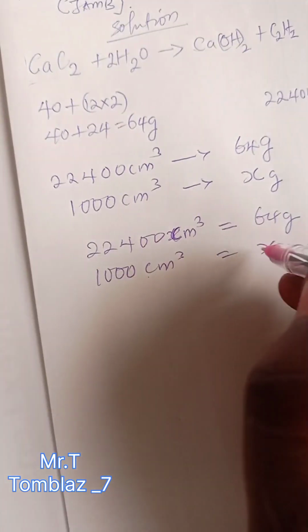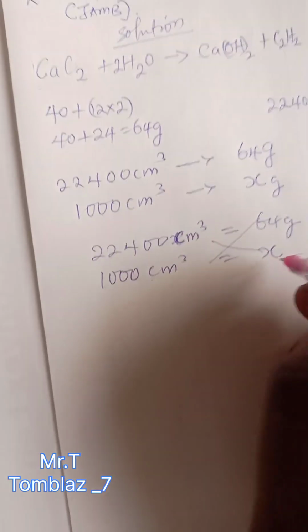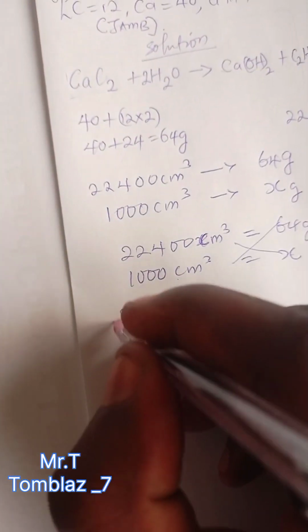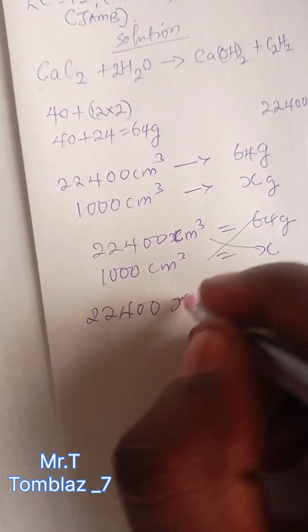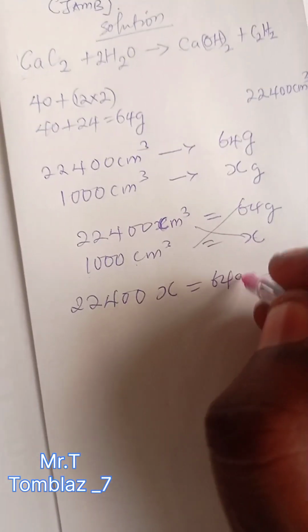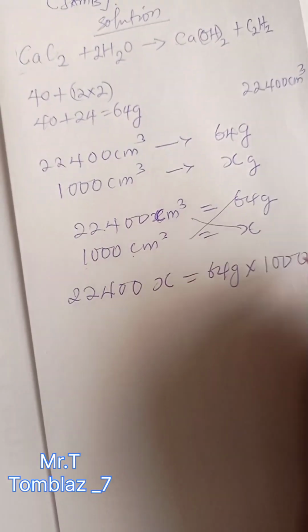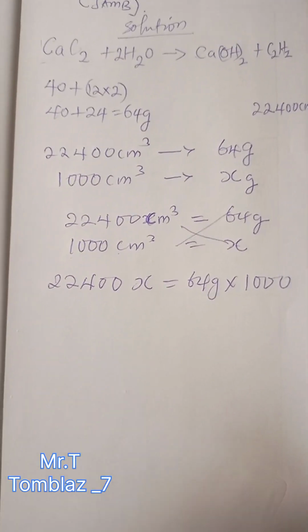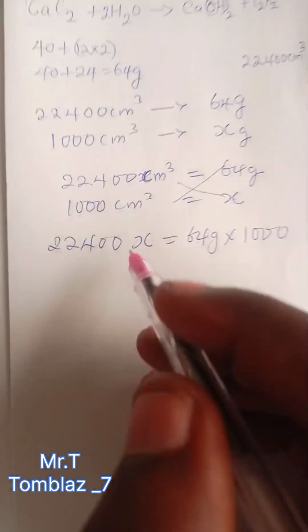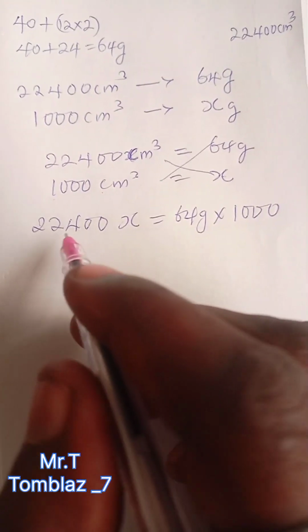So we cross multiply now. So X times this will give you 22400 X, and it's equal to 1000 times 64 grams. Is that clear?